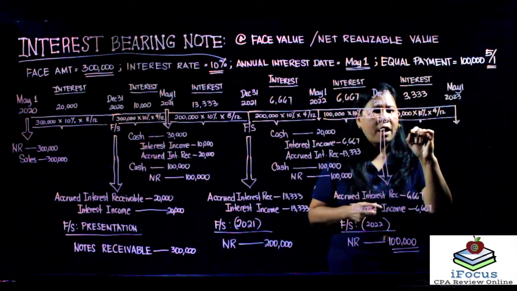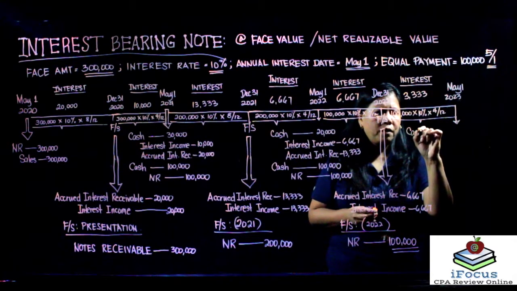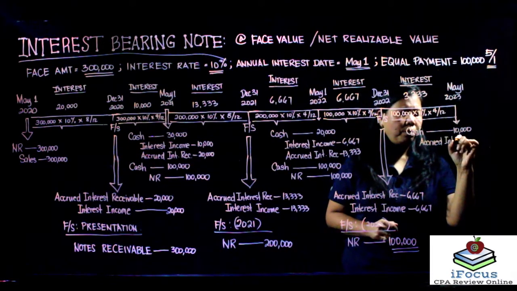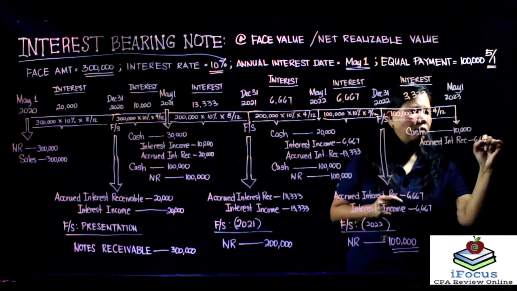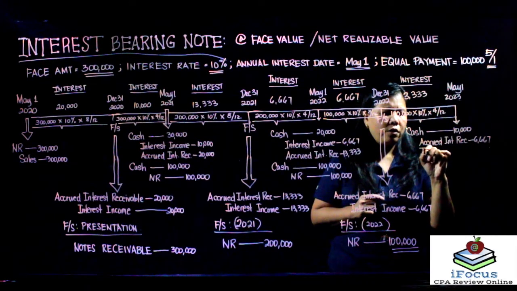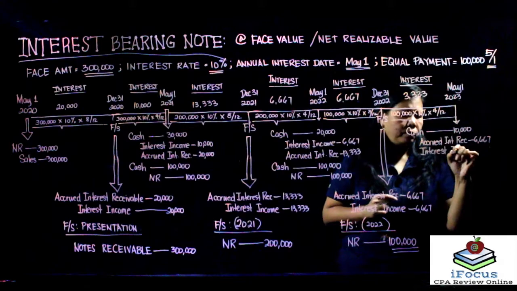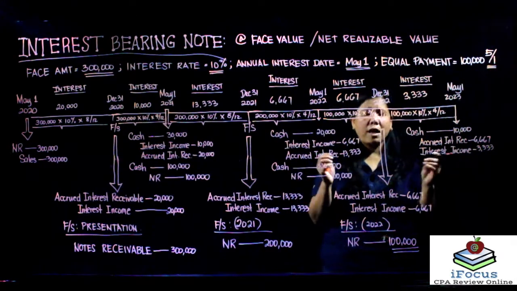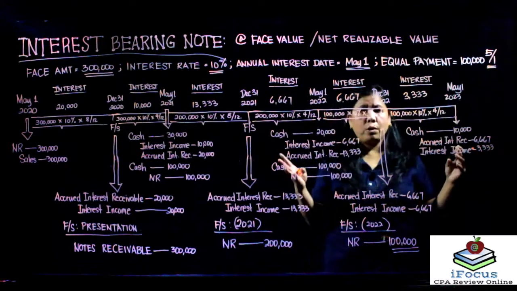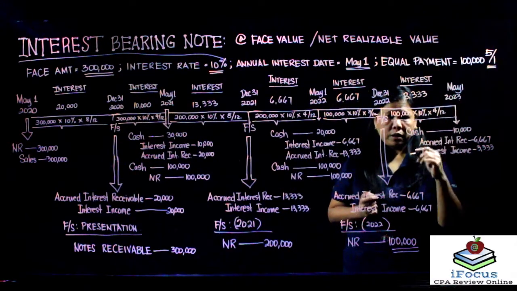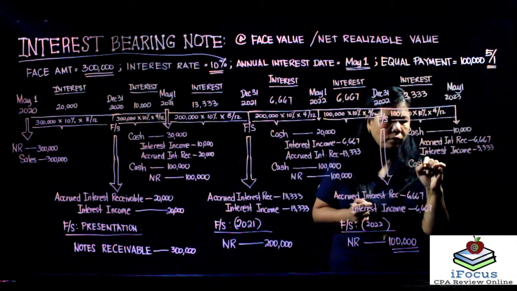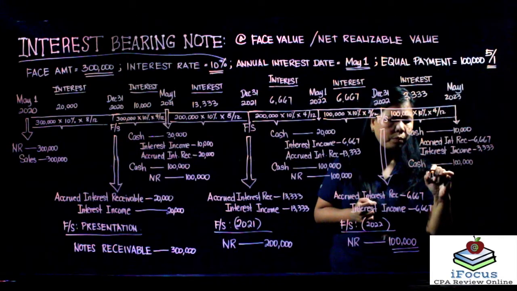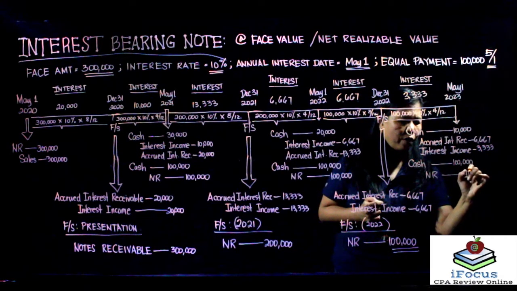So we debit cash of 10,000, credit accrued interest receivable, and credit interest income. All right, then we will record the last installment payment of the maker, 100,000. So we debit cash of 100,000 and credit notes receivable of 100,000.